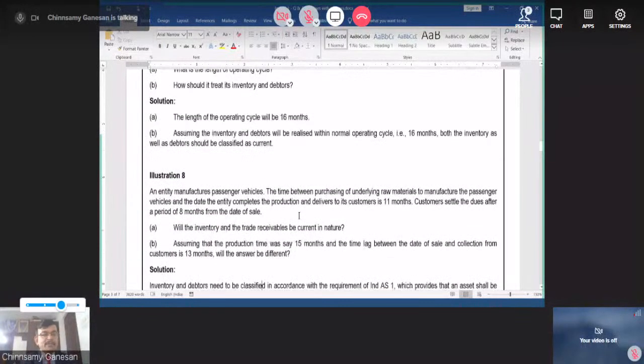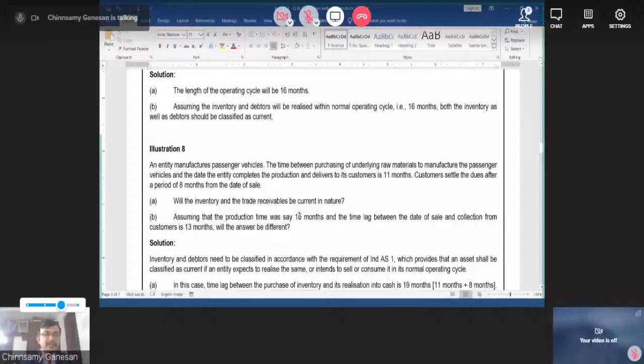I take one more example. In this case, the entity manufactures passenger vehicles. The time between purchasing the raw material, manufacturing and delivery is 11 months. Customer settlement is 8 months. So your inventory holding period, raw material, WIP and finished products, is 11 months, and your customer collection period is another 8 months.